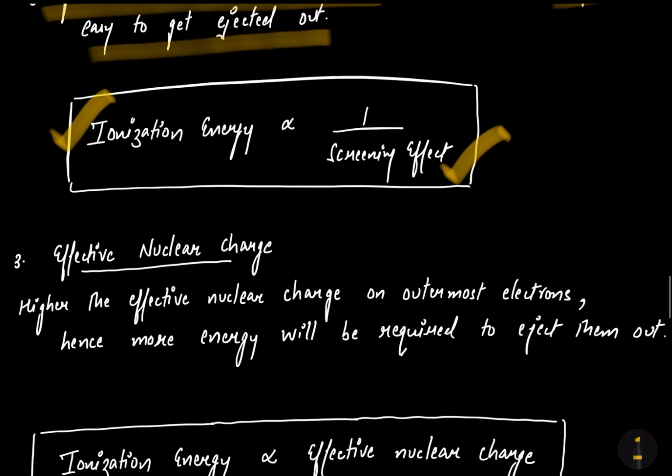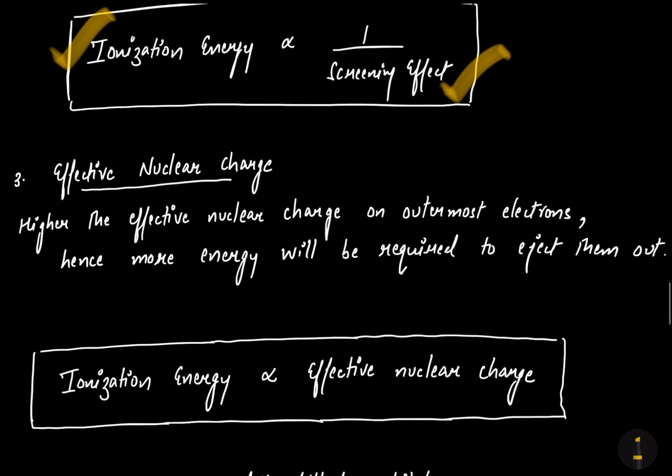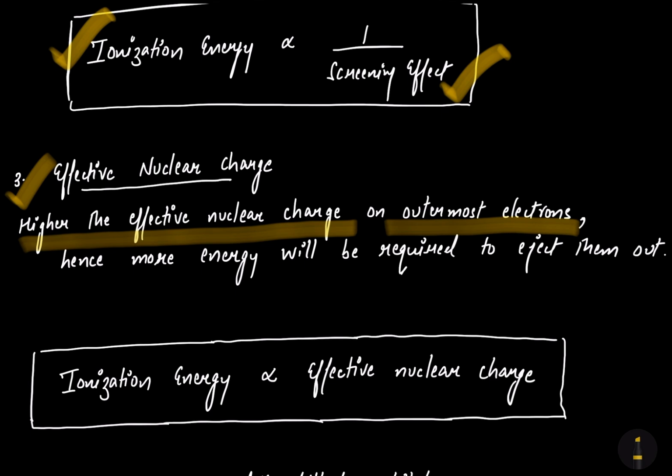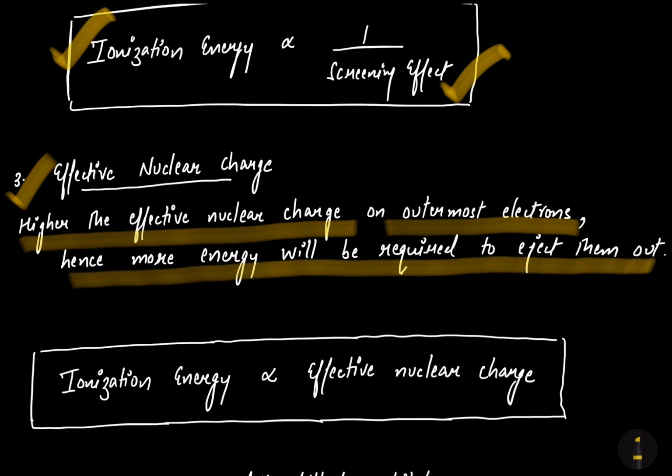Now let's come to the third point, the effective nuclear charge. The higher the effective nuclear charge on the outermost electrons, the more energy will be required to eject them out. What's the effective nuclear charge? It's the attractive force of the nucleus for the outermost electron.